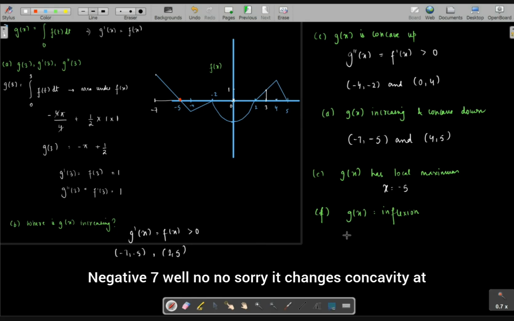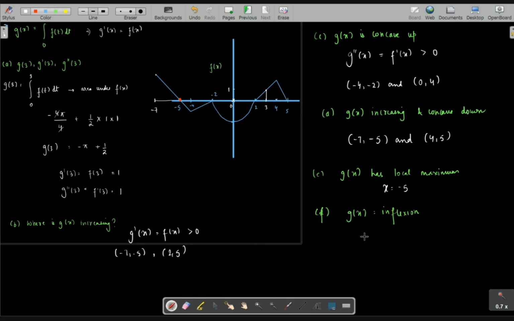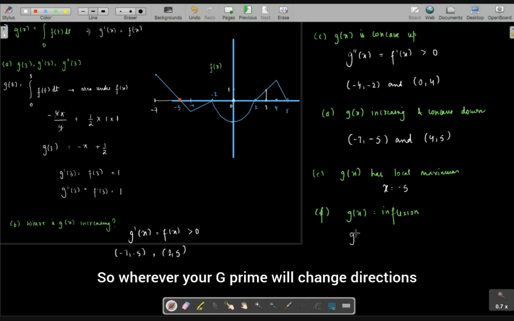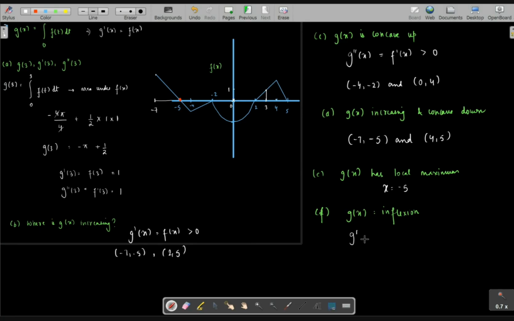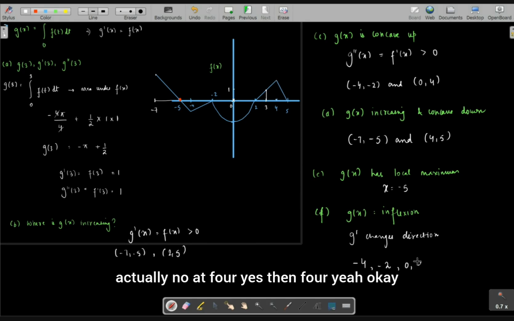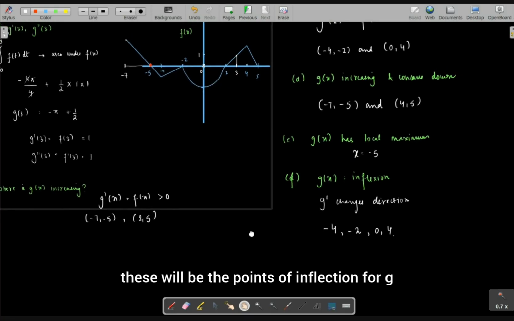It changes concavity wherever your g prime will change directions. So at -4 and then -2 and 0, and that's it. Actually, no, at 4. Yes, then 4. Okay. These will be the points of inflection for g.